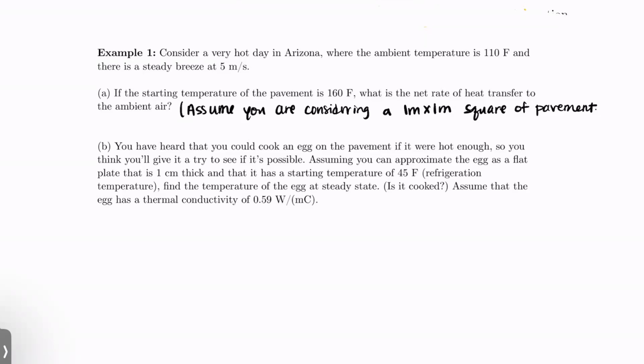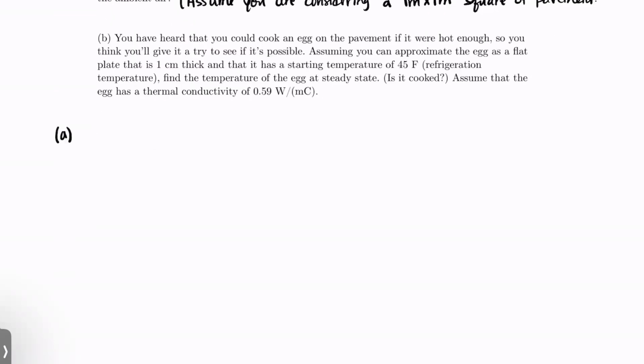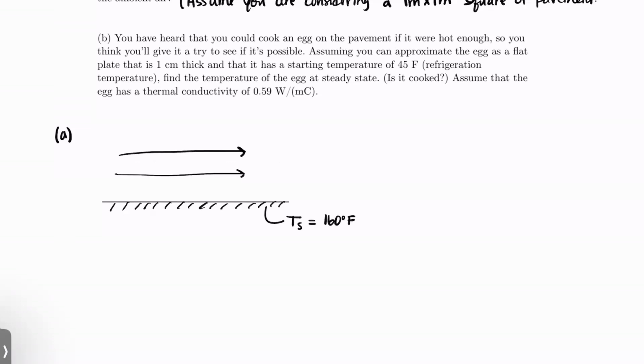Okay, so let's draw a picture. Here's our pavement. We have a surface temperature TS of 160 degrees F. We have flow going over top with T infinity is 110 degrees Fahrenheit, and U infinity is equal to 5 meters per second.